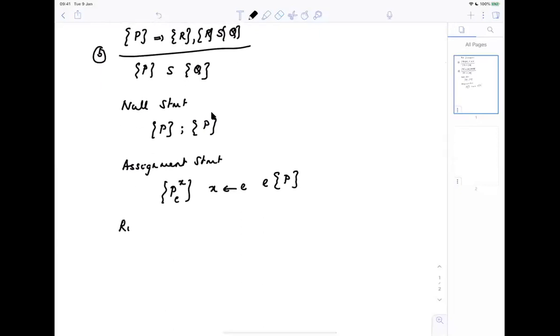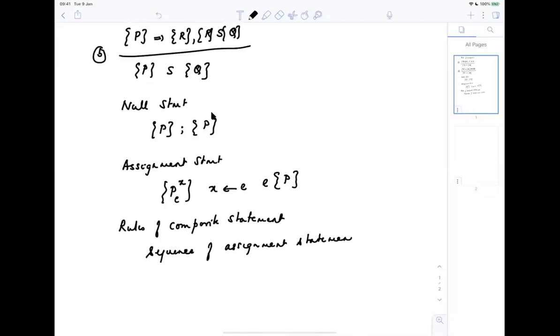Then we learned about the rules of a composite statement, which was essentially a sequence of assignment statements. Okay, this is what we saw.